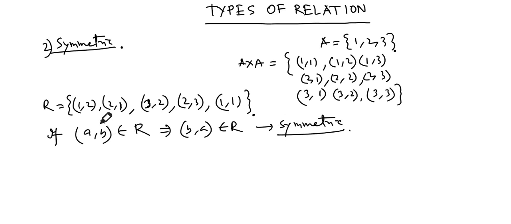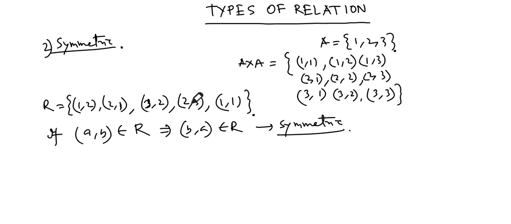Suppose (1,2) is here, that means (2,1) should be there. (2,1) is here, (3,2) is here, and also (2,3) is here, and (1,1) is here. The opposite of (1,1) is itself, (1,1), so that is also there. So this is a symmetric relation.